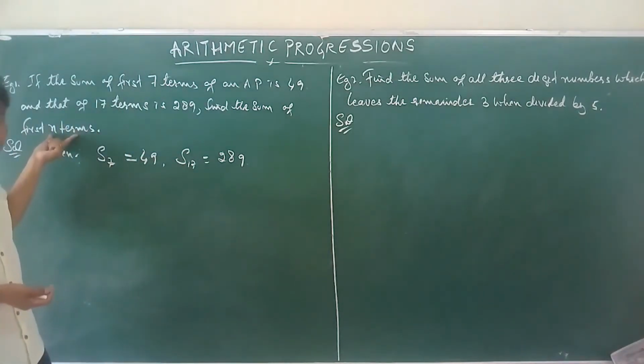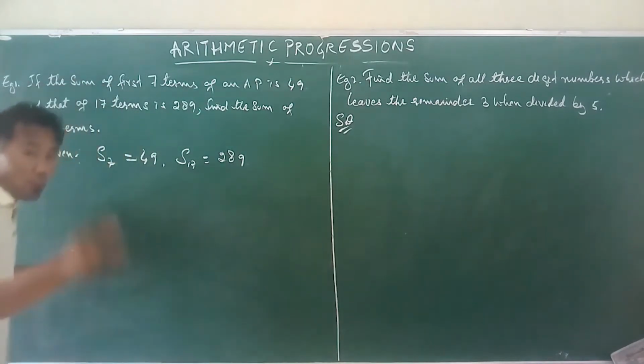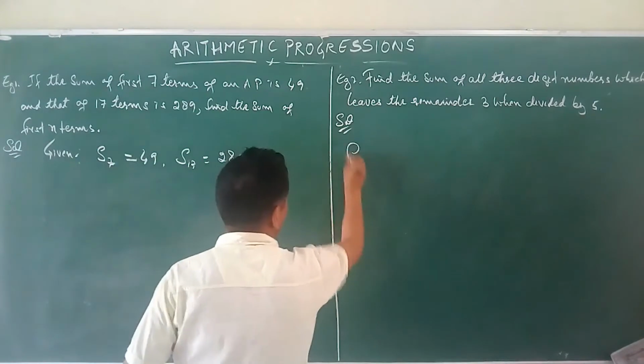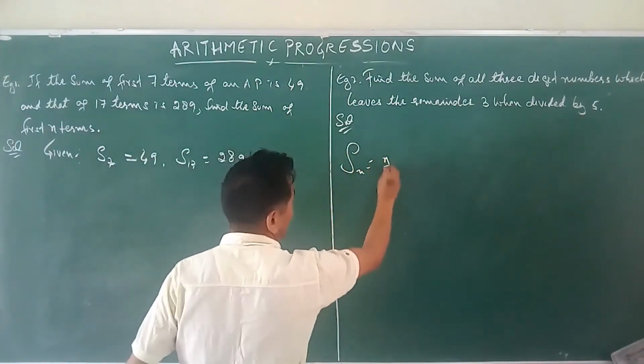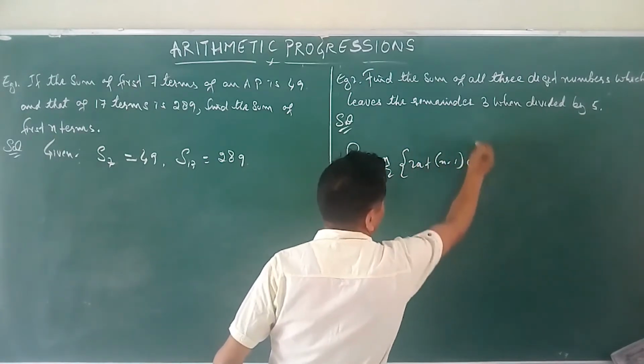Now remember the formula. The formula is Sn, which is equal to n by 2, 2a plus n minus 1 d.